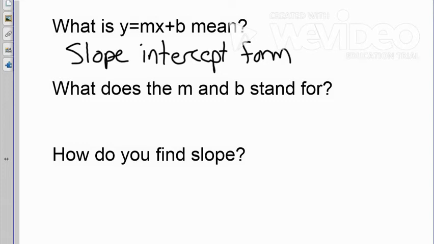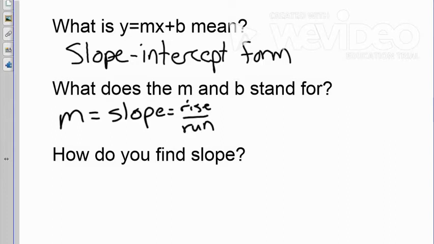In the second question, the m stands for the slope, which is also rise over run, and b is the y-intercept. And if you guys remember, the y-intercept is the point where the line crosses the y-axis.